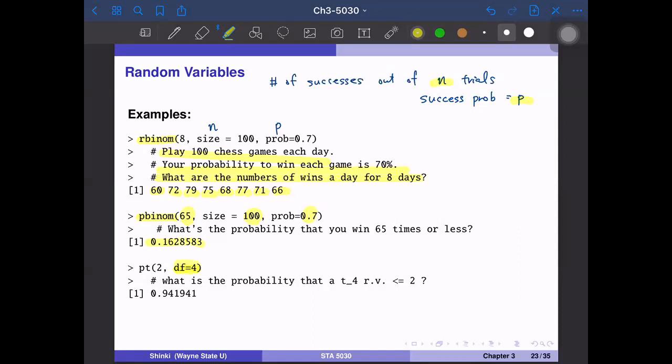We discuss it later, but suppose the normal distribution is like this, then the t distribution has heavier tails. So the value is larger for the tail part, but smaller for the moderate values. The t distribution is like this, and this blue one is normal.